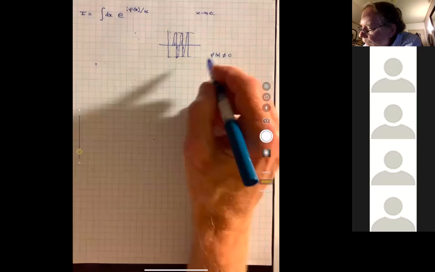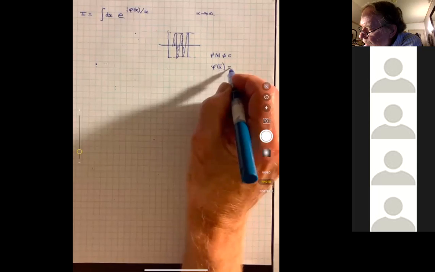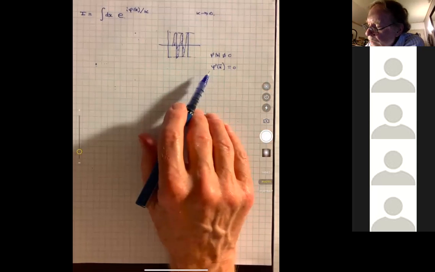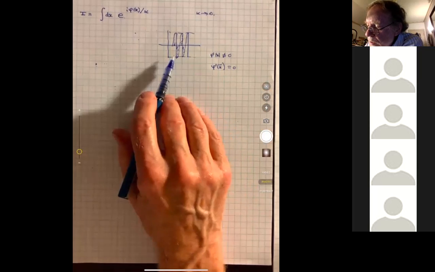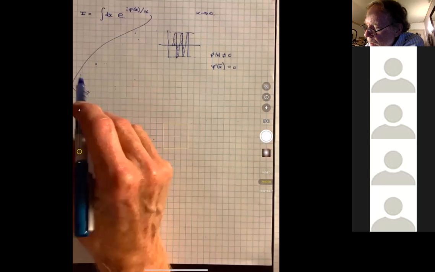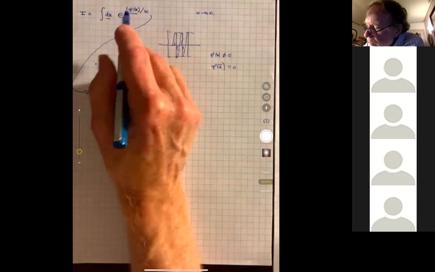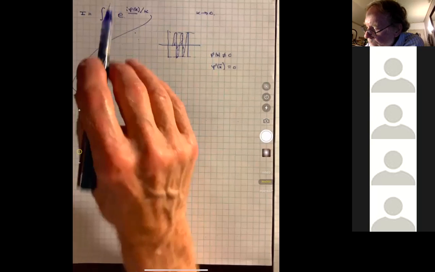On the other hand, if you're at a place, let's call it x bar, where phi prime of x is equal to 0, that's to say at a critical point of the phase function phi, then you find that there's one lobe which is larger than the others and is not canceled by its neighbors. And so the result is that this integral, when kappa is small, is dominated by regions of the variable x near the critical points of the phase function phi of x.